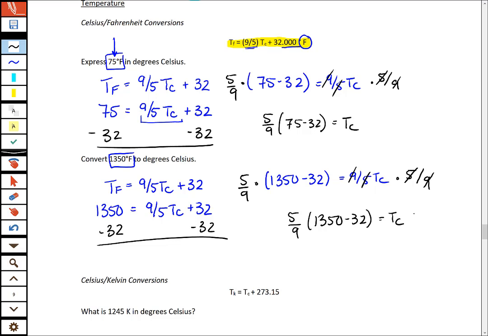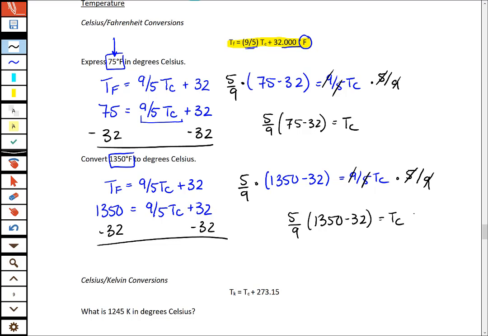Now, again here, lack of calculator, you would go ahead and you would subtract your 32 from your 1,350 and then multiply that by 5/9 in order to get the correct answer. If you do it any other way, you're going to get a wrong answer, so don't do it a different way.